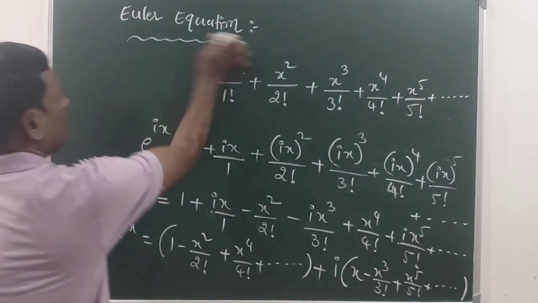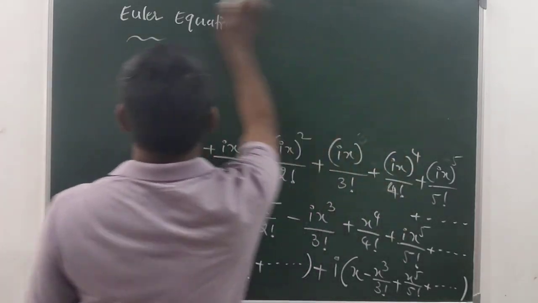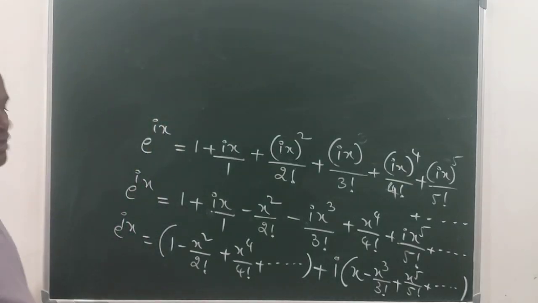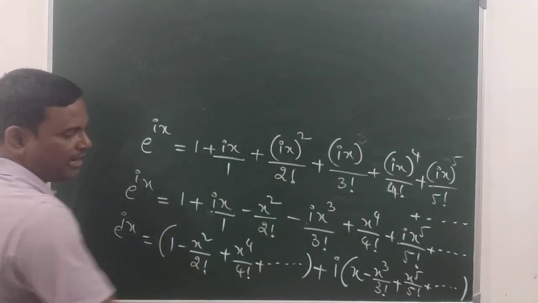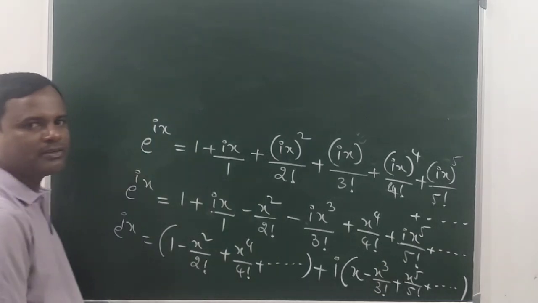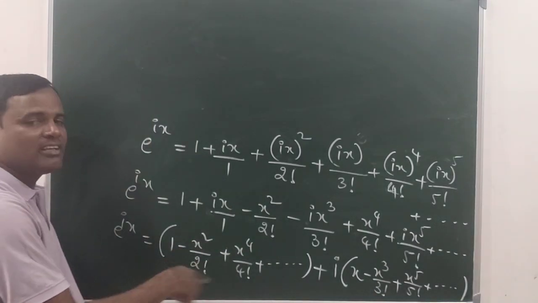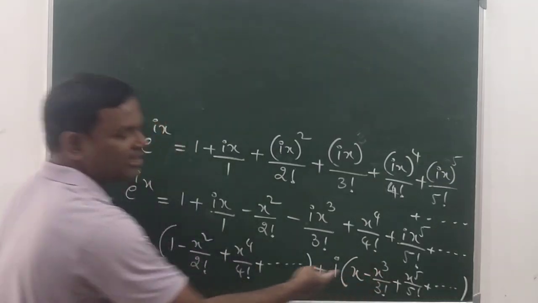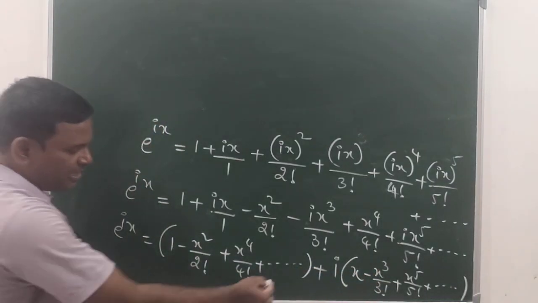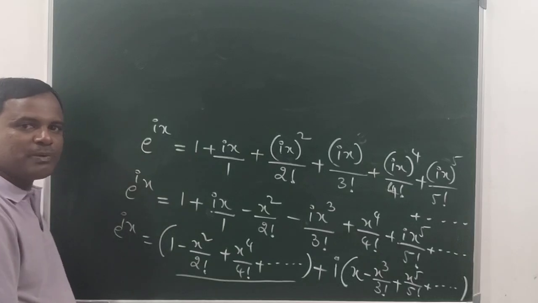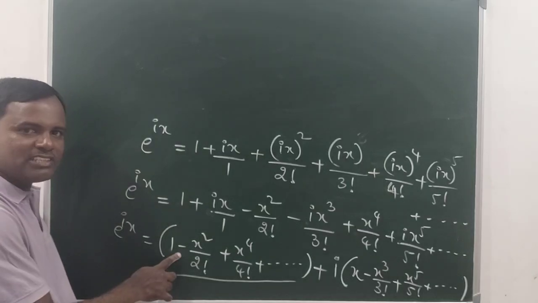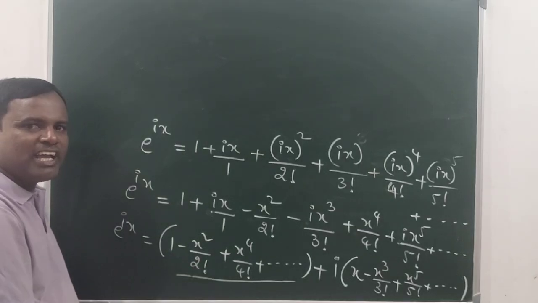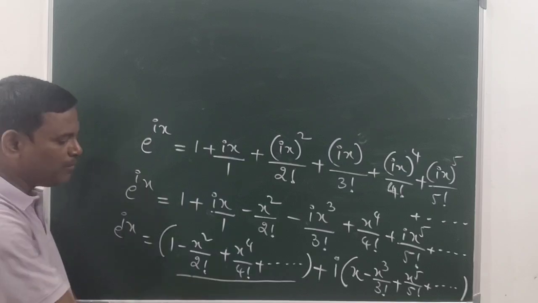See, in the next step, observe, this is the real part and this is the imaginary part. So actually it is one complex number having a real part and an imaginary part. So in the real part, what expression have we got? 1 minus x square by 2 factorial plus x power 4 by 4 factorial plus and so on.